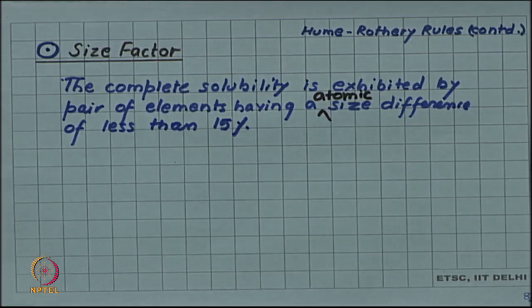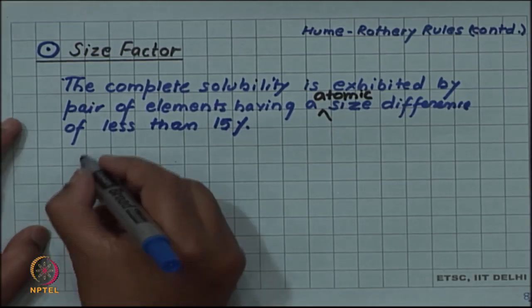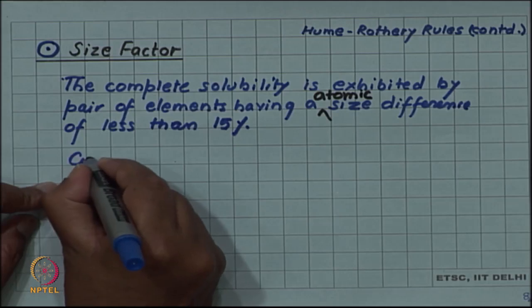So, if the size difference is more than 15%, it is less likely that they will form a complete solid solubility. Let us go back to our example of copper and nickel.